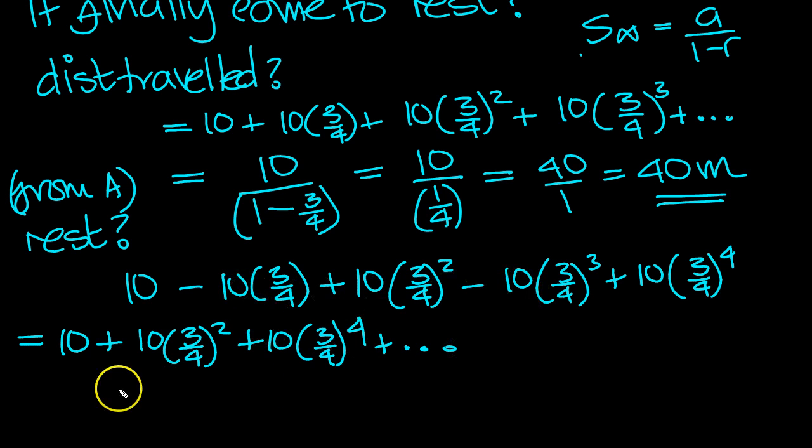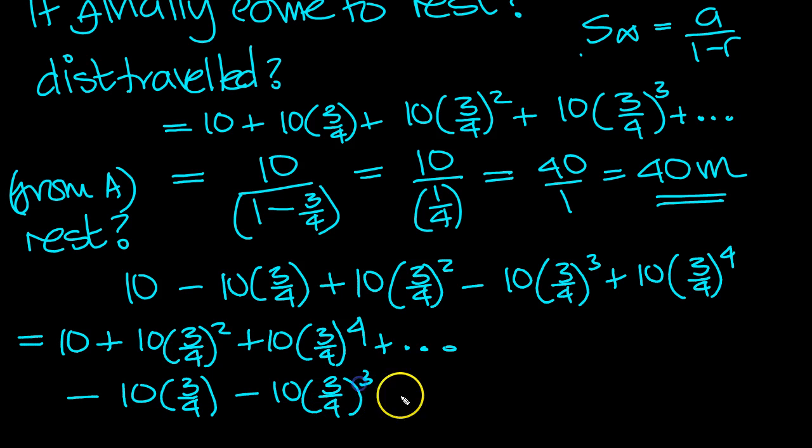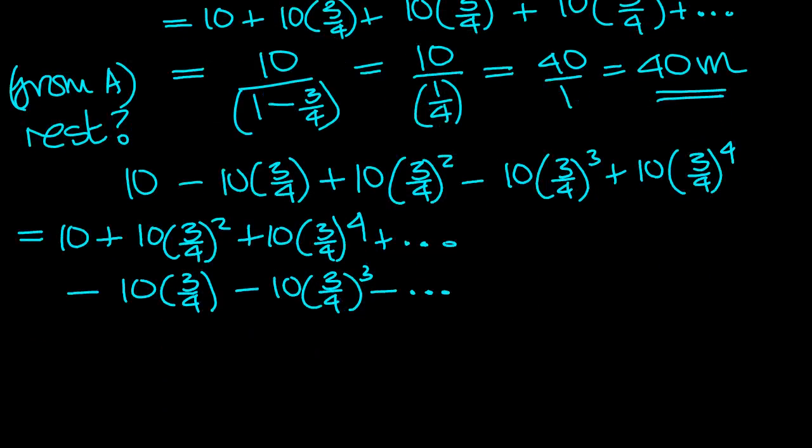Then it's minus these terms here, so it's minus 10 times 3/4, that term, minus this one, minus dot dot dot. So these are two separate sequences, aren't they? This first one is an infinite sum, so we can label that part A, and we can label this sum part B.